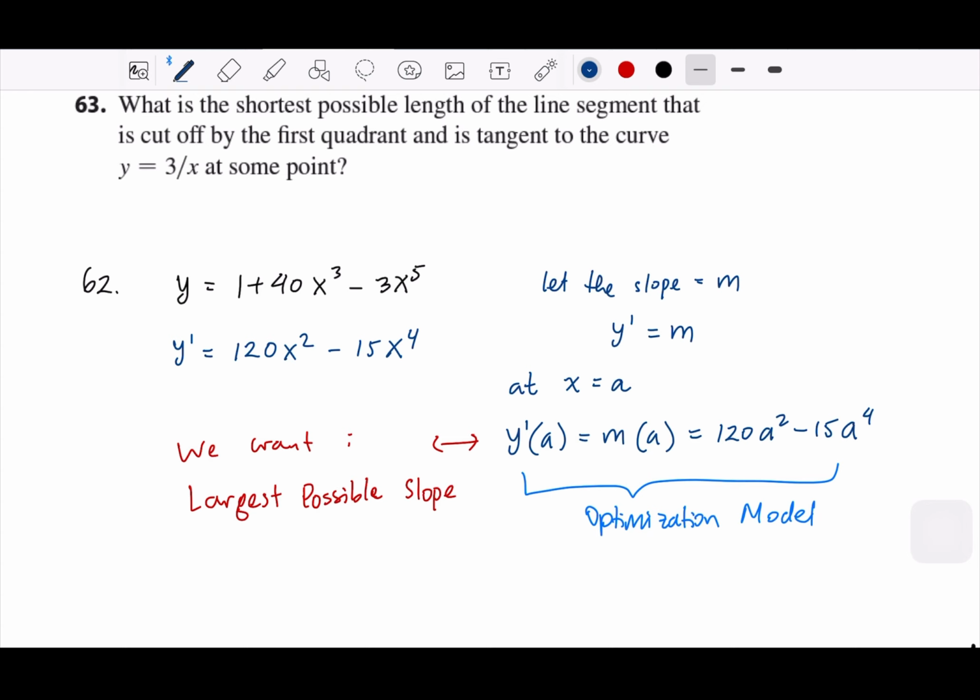Okay, you get it? Before we go through all the derivatives, we need to understand the objective from the question. And in optimization, it always starts from either finding the constraint or the optimization model first, and then you can set it equal to 0.